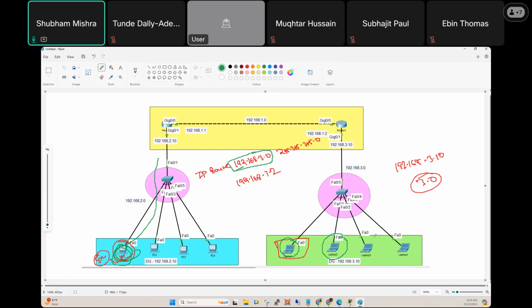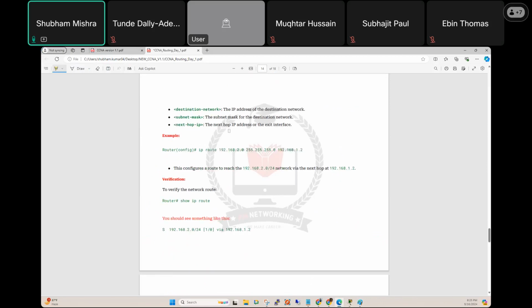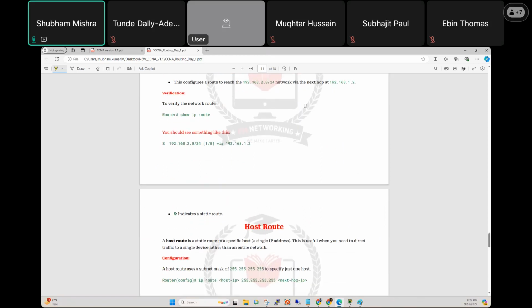Getting my point, everyone? So that is the meaning of network route. Done, everyone? Tell me. So that's the reason here. What is the command? ip route 192.168.2.0. It means you mention the complete network here, then subnet mask, and then next hop. Do you understand, everyone? Yes or no?